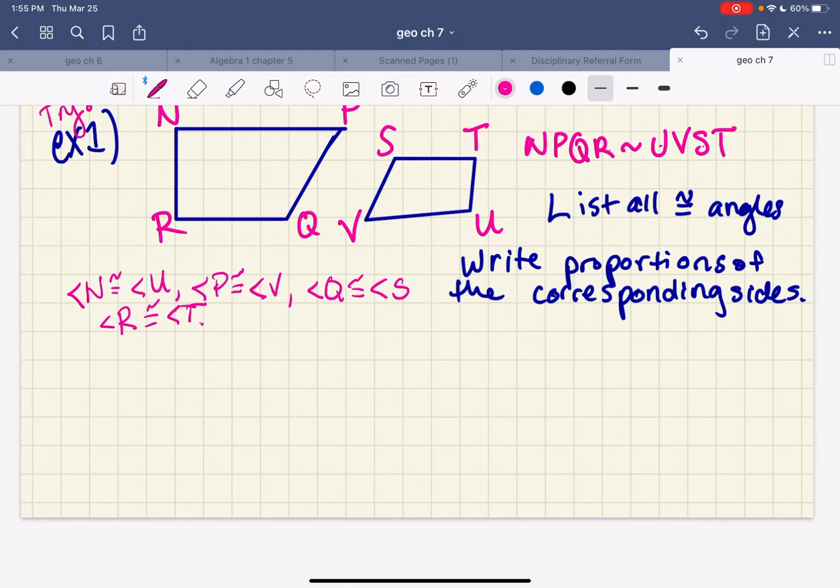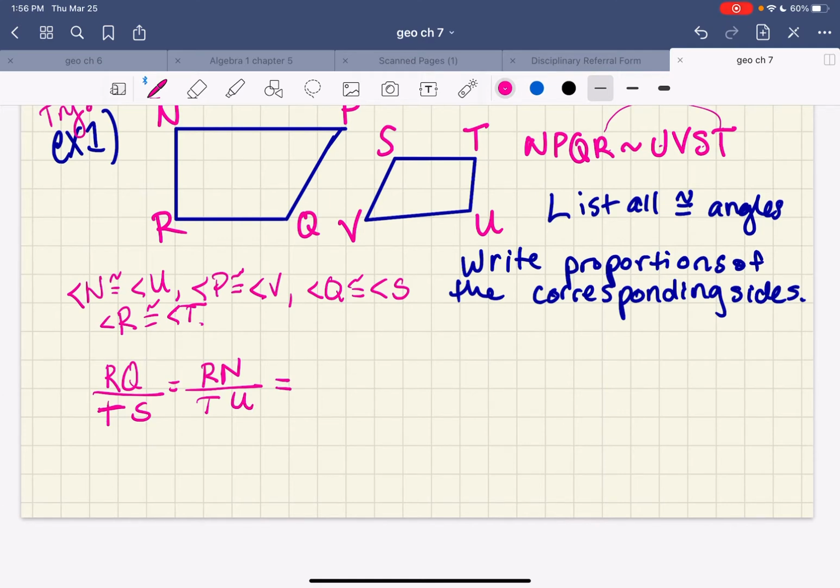So we would put RQ over TS, R and T are corresponding. RQ over TS has to be equal to RN over TU.